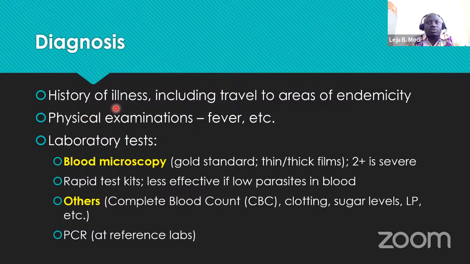You want to ask about maybe travel, especially if you are in a country that has no or little malaria prevalence. Of course, in South Sudan, you don't need to ask somebody if they have traveled from maybe Juba to Rank or to where. We know South Sudan is one of the countries with endemic malaria cases. So travel history may not be helpful here, but for other nationalities, you might want to know if they have ever traveled to a country where malaria is so prevalent.